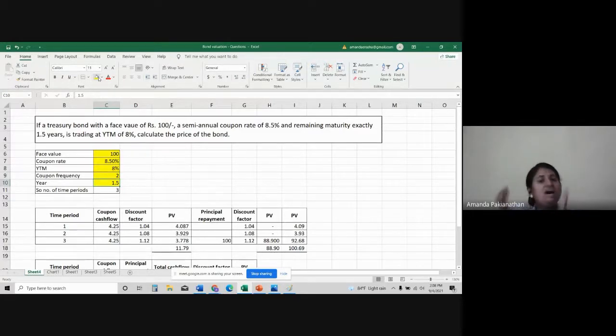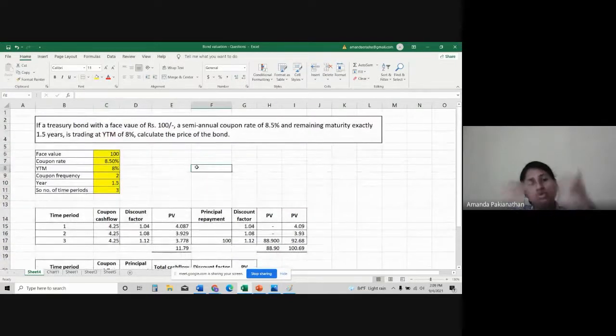Now 1.5 years, coupon payment coming in every 6 months. Now tell me, how many coupon periods are there then? 1.5 into 2. So the residual tenor will involve 3 coupon periods. Okay. So all the figures are known.